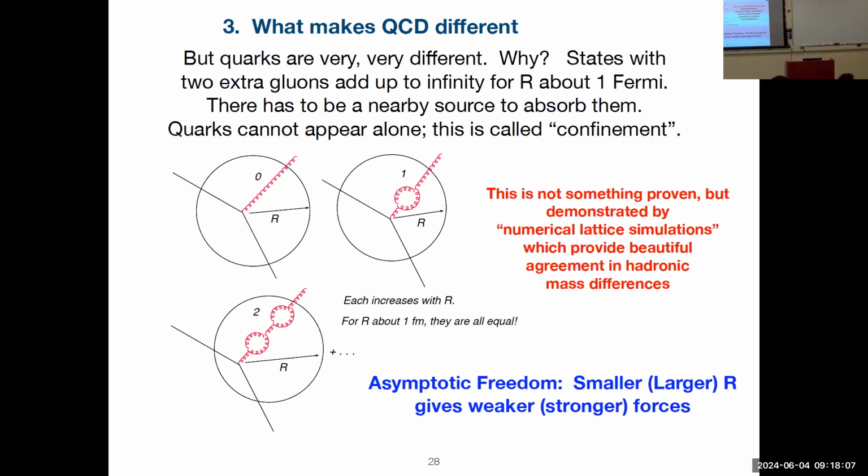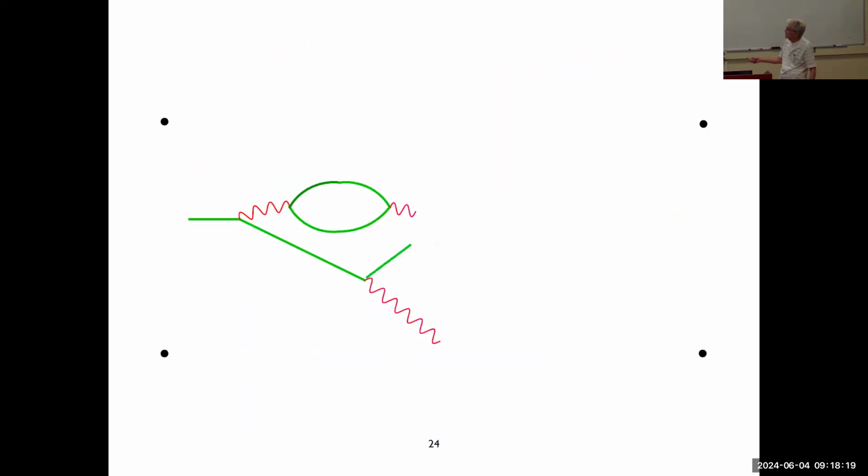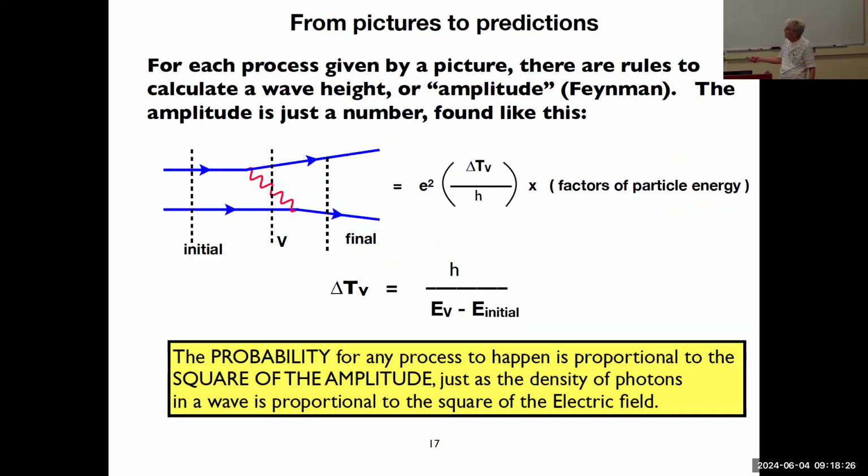Okay. So now, what do we want to multiply this by? Well, according to this, just to show that this is related to something. Oh yeah, here we go. Right. So you see this amplitude to go through some process is given by e squared, and then there's this delta TV over h.